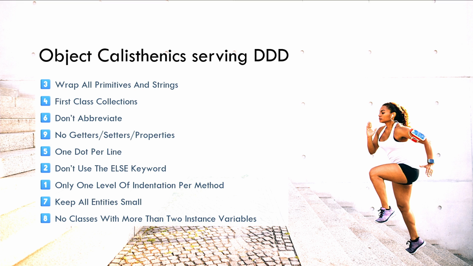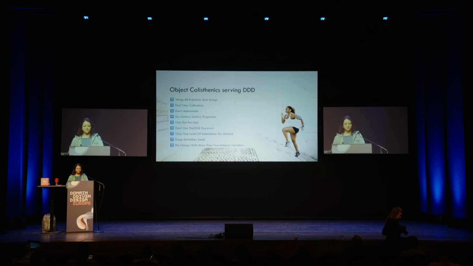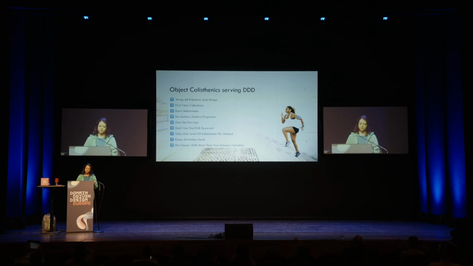No more than one dot per line. Don't use the else keyword. Only one level of indentation per method. Keep all entities small, and no classes with more than 2 instance variables. So let's go through those rules to find how they help our tactical pattern implementations. Okay?